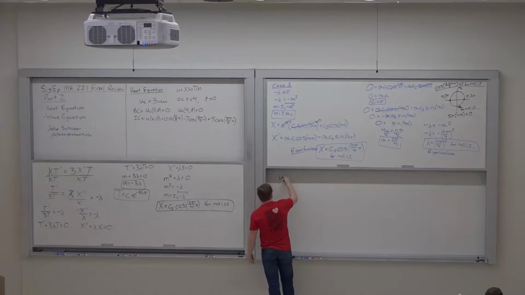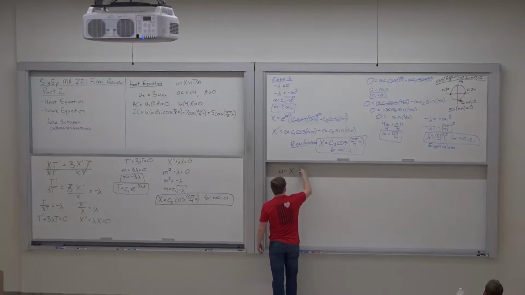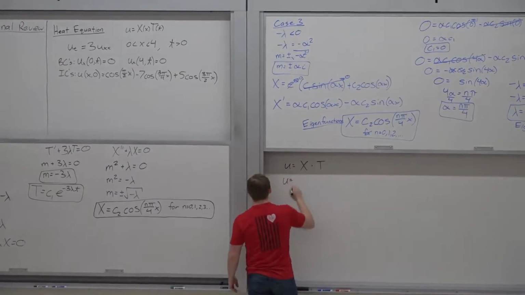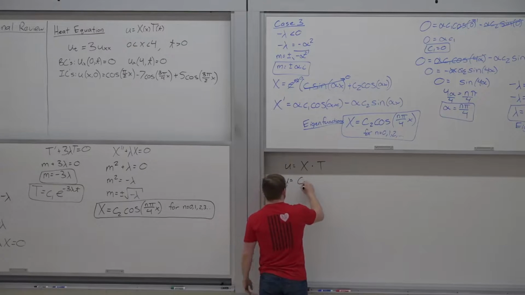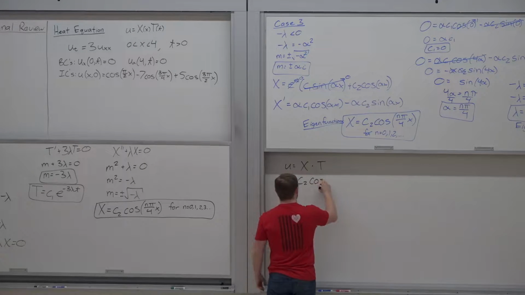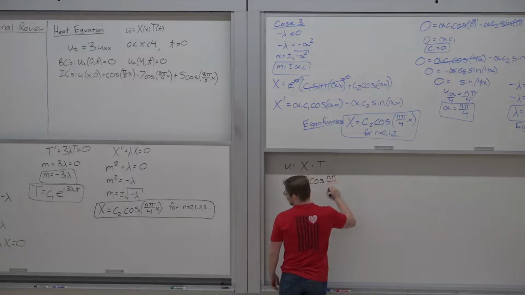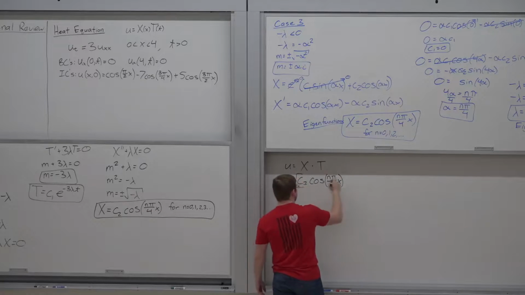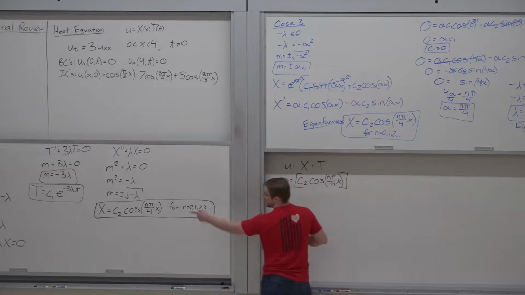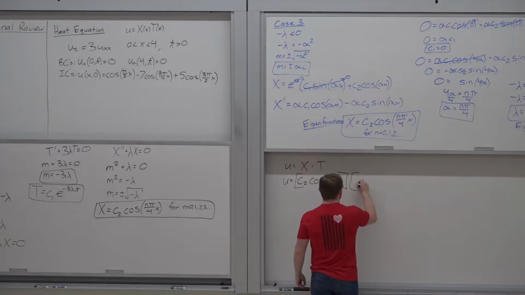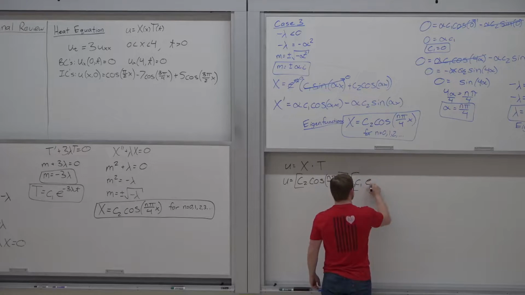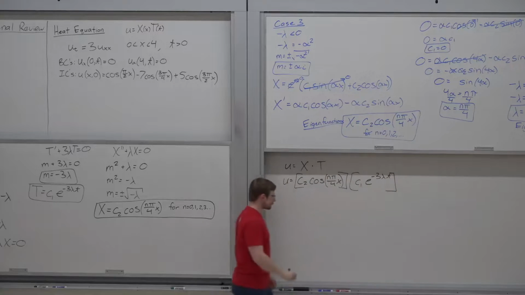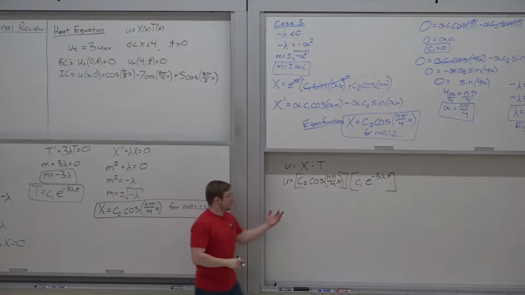So I know that u is capital X times capital T. So my u is my capital X, which is C2 cosine of n pi over 4 x, multiplied by t, which is C1 e to the negative 3 lambda times t.